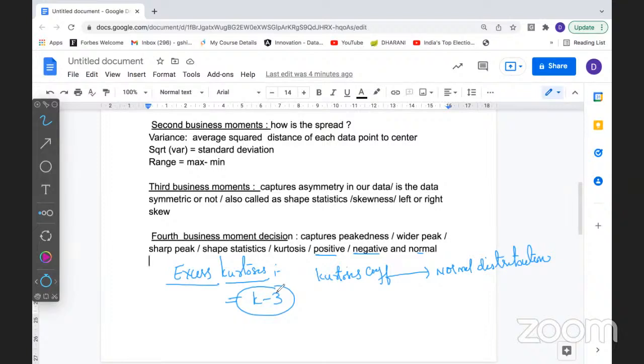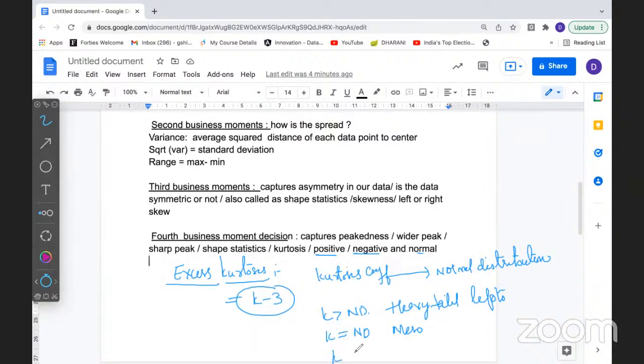Right? Kurtosis more than normal distribution is heavy tail, which will lead to lepto, the other name. Kurtosis same as normal distribution is meso. There is no difference. It's just normal.